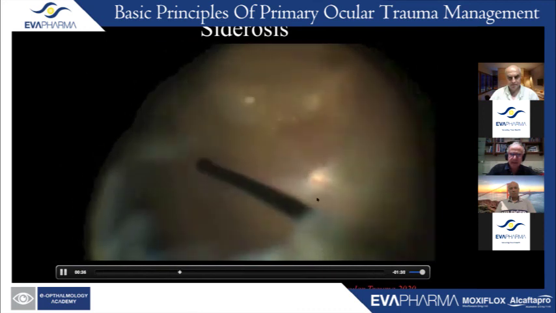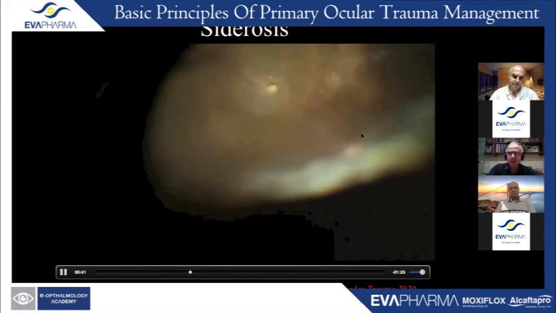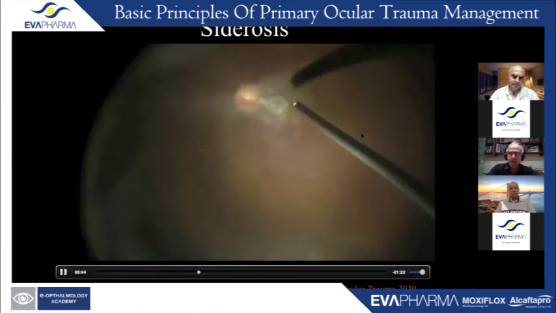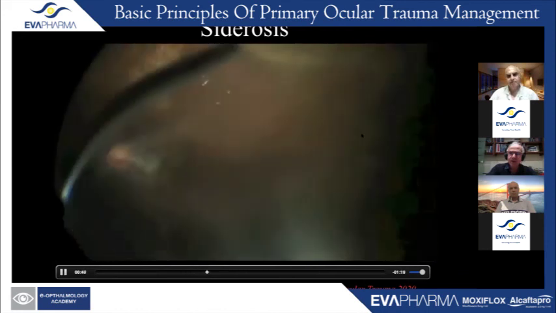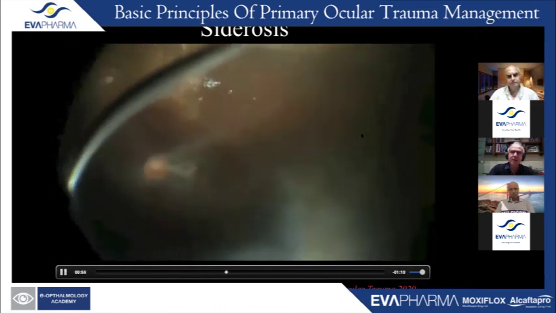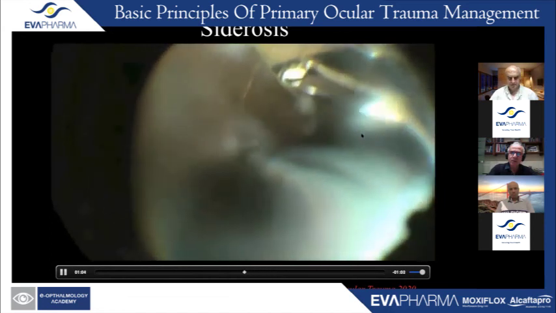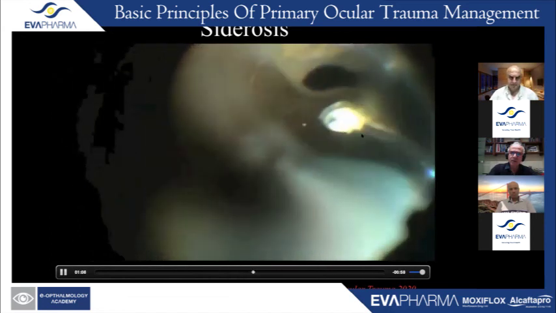And in a moment, you're going to find out where the foreign body is. This is the foreign body at the extreme periphery of the retina. You clean that and you remove the intraocular foreign body using forceps.